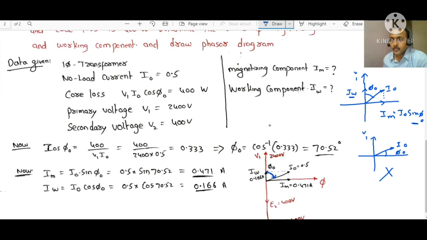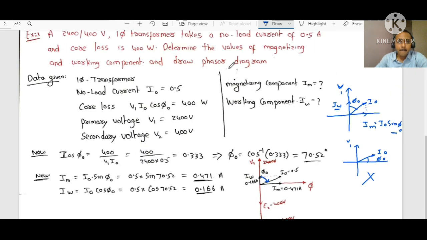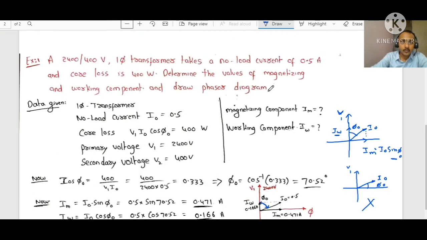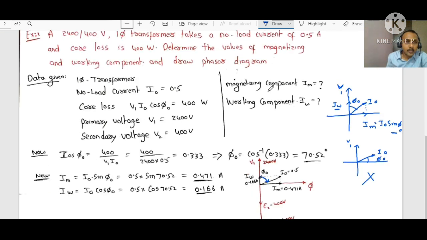I repeat again, the angle between I0 and V1 is phi 0, right? So here, from the data given, a voltage notation like 2400/400 is to be understood as the primary voltage V1 equal to 2400 and the secondary voltage V2 equal to 400 volt.